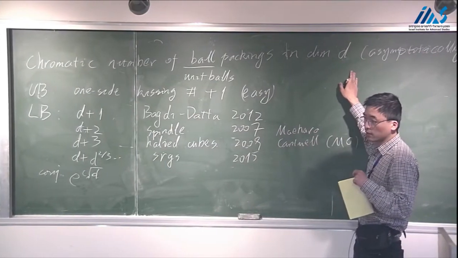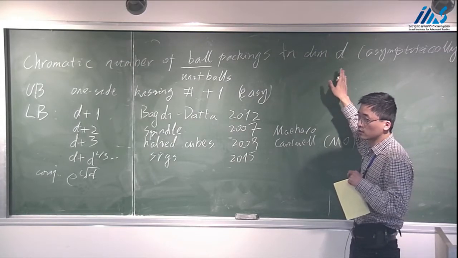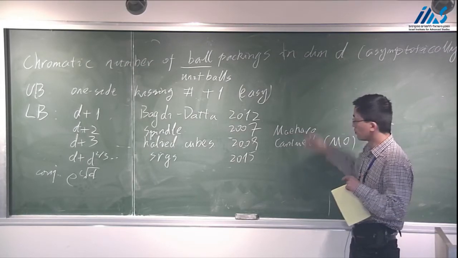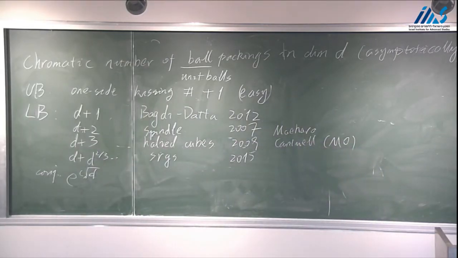And this problem asks, when the minimum distance is 1, what is the chromatic number? So this is just the opposite of the Borsuk conjecture. So that's problem 1.